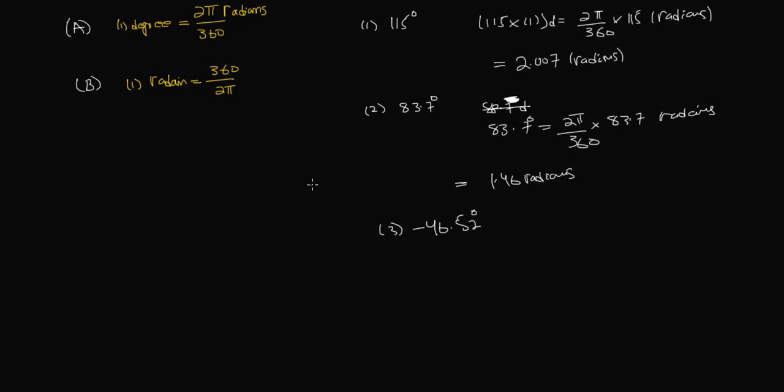So if we have a full circle, an angle in the direction of the clock's movement is going to be a negative angle, and in the counterclockwise direction it's going to be a positive angle. So the angle that we are interested in is in the clockwise direction.